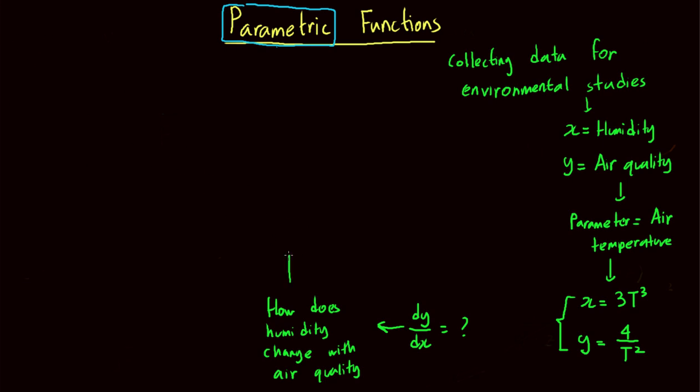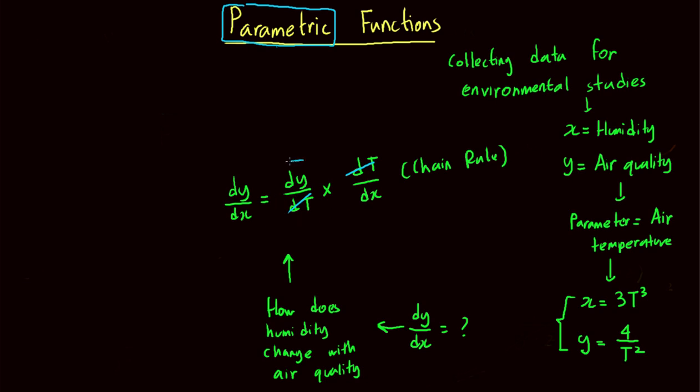Essentially, to find dy dx, it is just dy dt times dt over dx. So it's basically the chain rule, right? It comes back to the chain rule. And why is it the chain rule? Because the dt would cancel out, and that's how I get your dy dx.